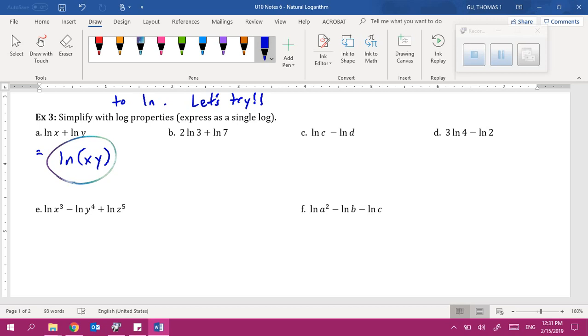B is a multi-step problem. What would you do first on B?